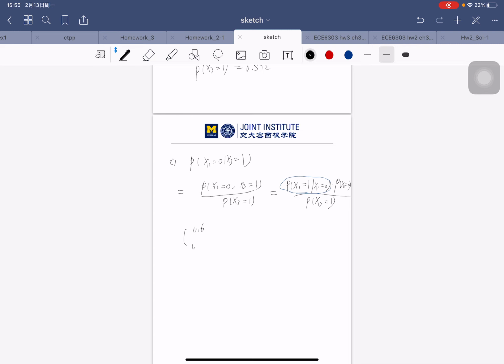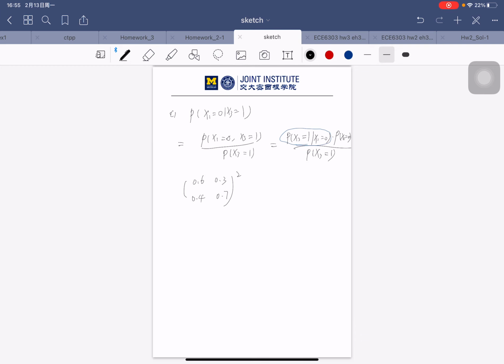So we can just calculate the transformation matrix to the power of 2, and we will get the answer like this.